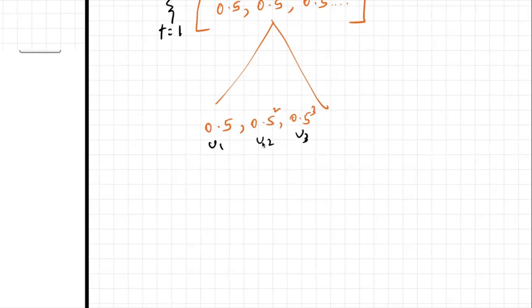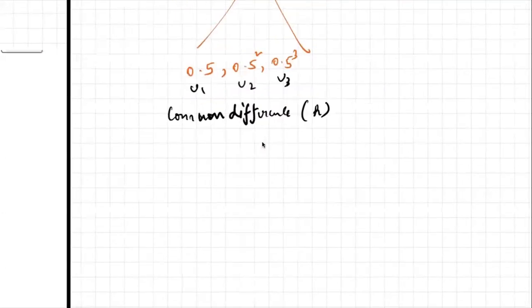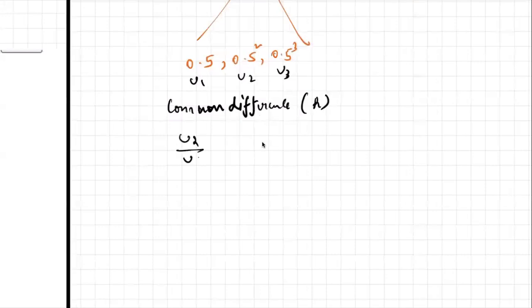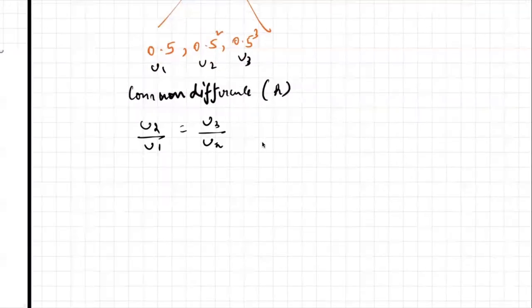For a geometric sequence, there must always be a common ratio, denoted by r generally. So u2 by u1 must be equal to u3 by u2.